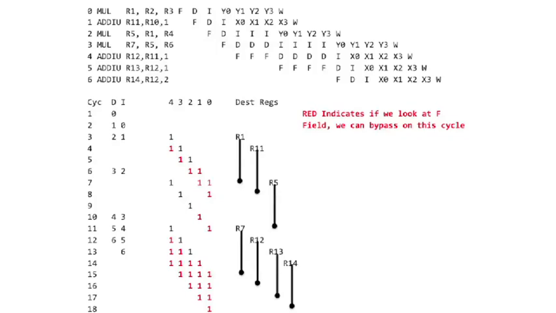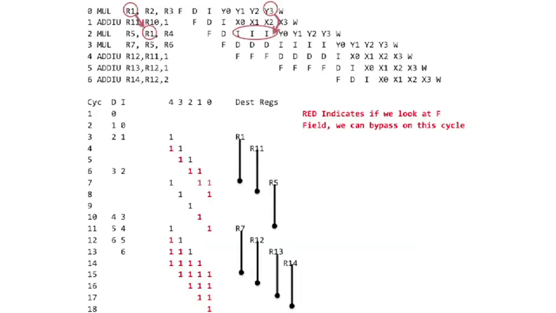OK, so let's look at our first real read after write dependence. So here we have a multiply, which is dependent on R1. As you can see, that instruction is going to sit in the issue stage until Y3 happens, then that gets bypassed down here into the issue stage, and then that instruction can issue.